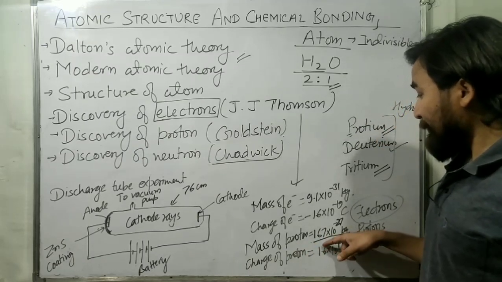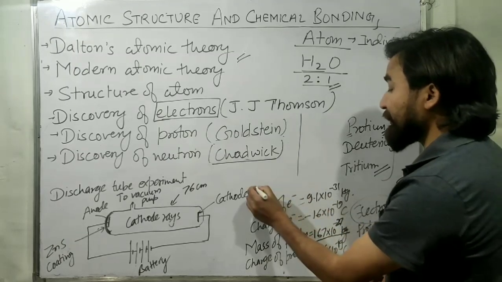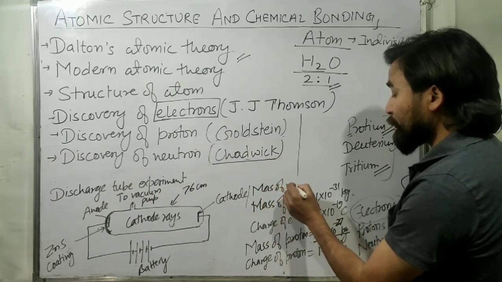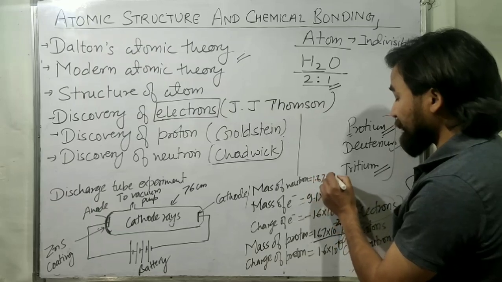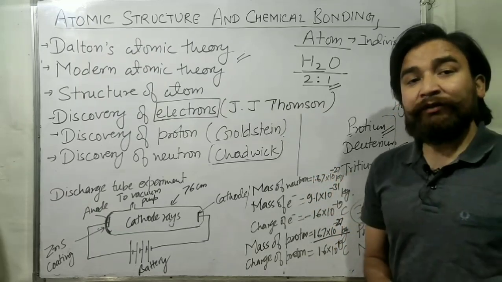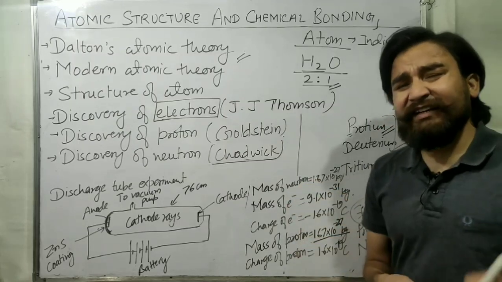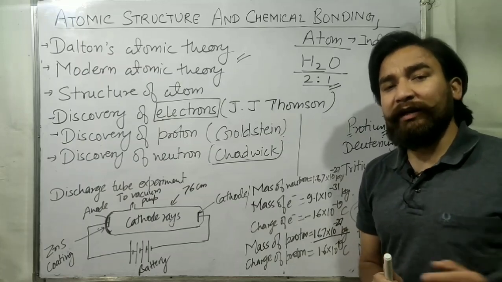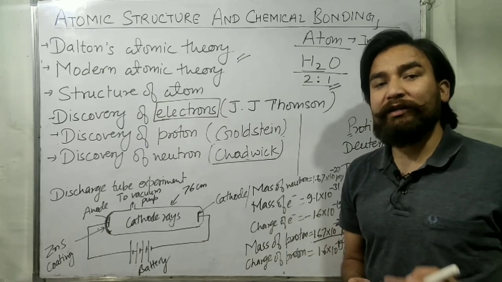So you have to remember that mass of neutron is also equal to 1.67 into 10 raised power minus 27 kg. However, you also have to remember that mass of neutron is slightly greater than the mass of proton, but that difference is almost negligible. So hope you have understood all the topics that we have covered in today's lecture.